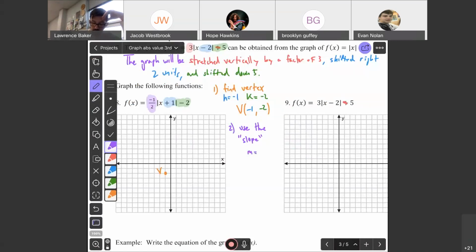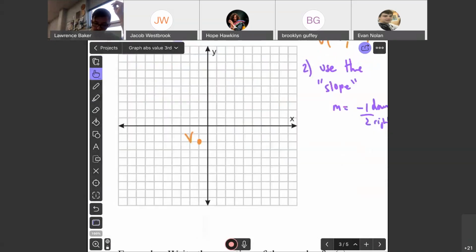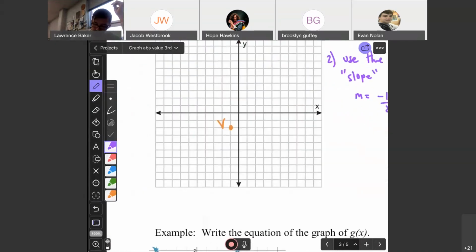So what I want to do is -1/2, which means I'm going to go down 1, right 2. Remember, only the top here is negative. So that's down 1, but still positive 2 on the bottom, right 2. So if I go down 1, right 2, I'd end up here. Do it again, down 1, right 2, end up here, and again.